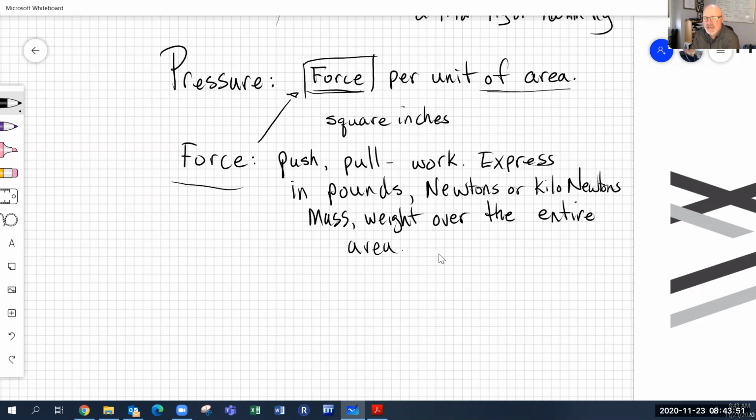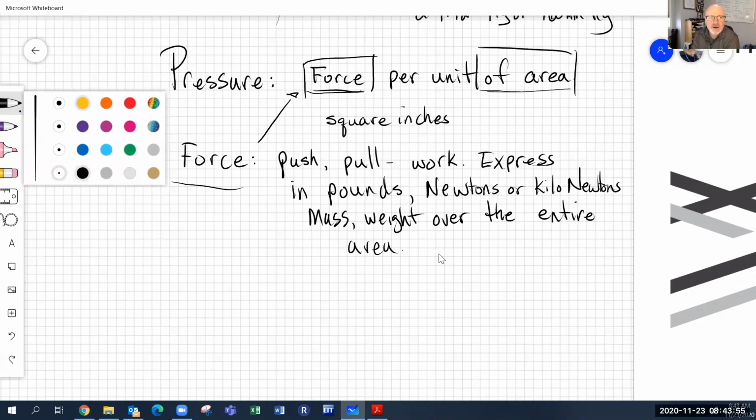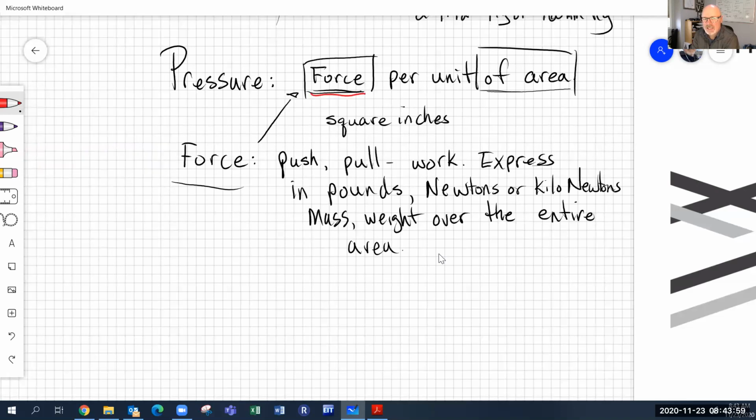As you can see, this is per unit of area over here. It is the definition of pressure. So force, and if I express force in pounds, that would be pounds per square inch, or sometimes PSI, pounds per square inch.